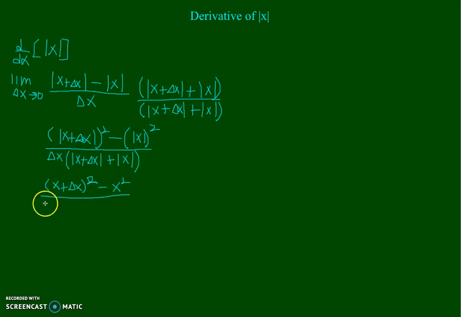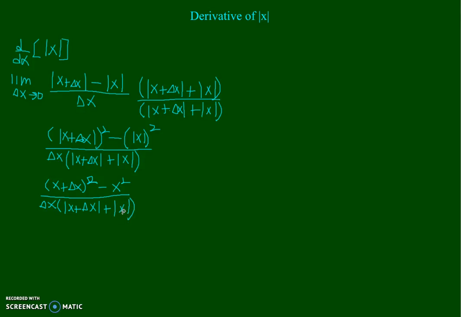And that's all over that quantity, so that's delta x times the absolute value of x plus delta x plus the absolute value of x.